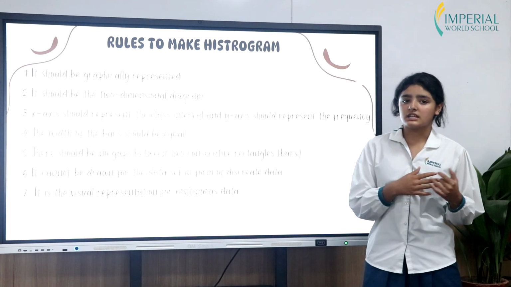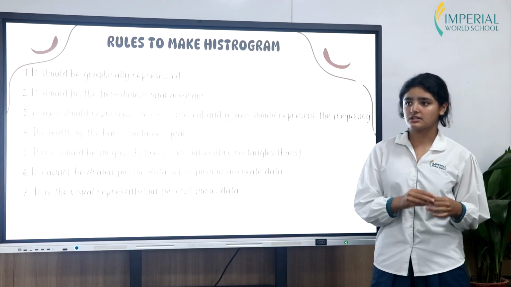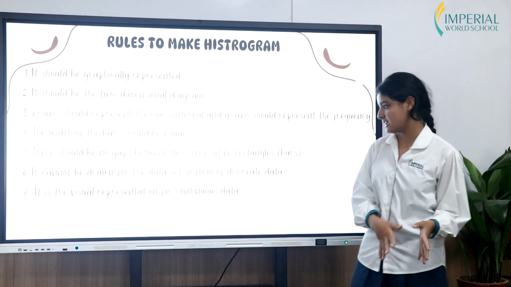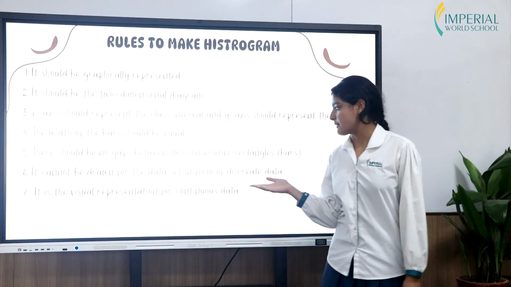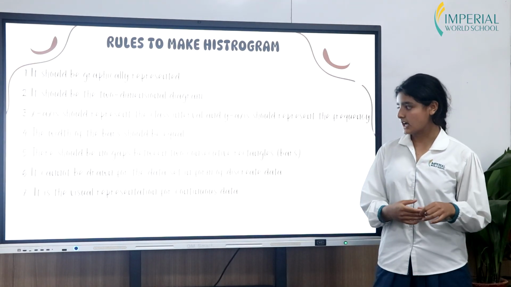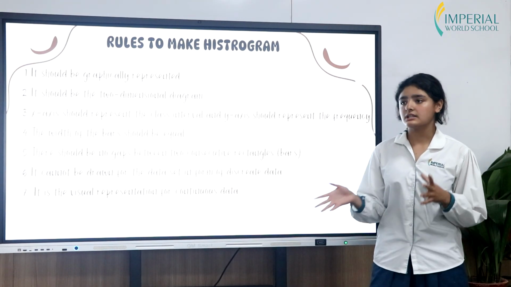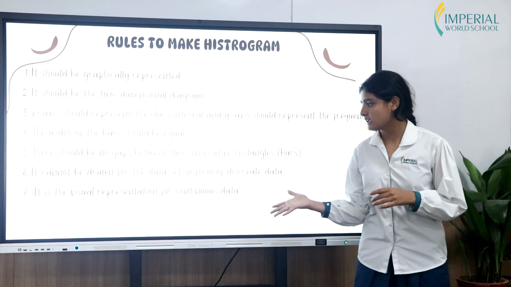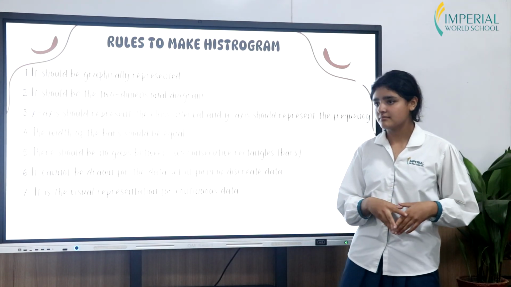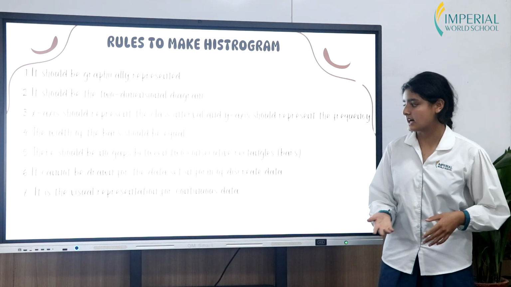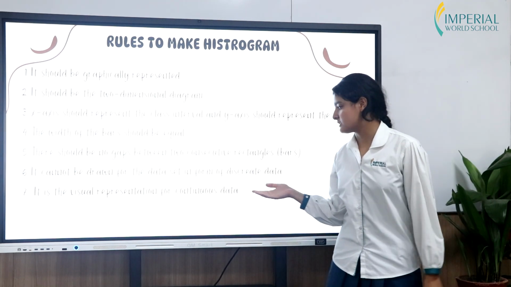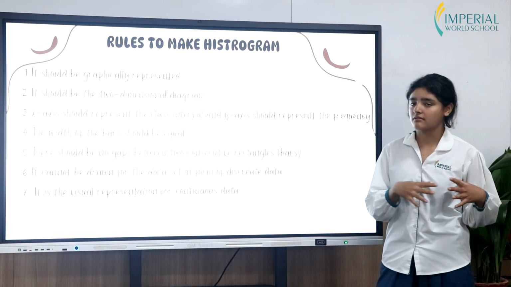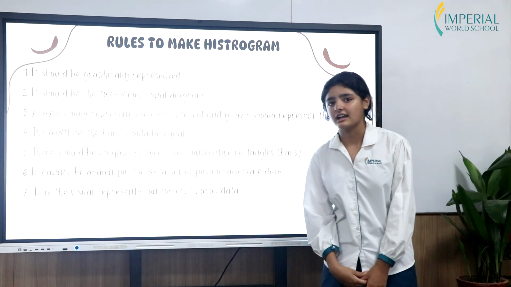The width of each bar should be equal. There should be no gaps between two consecutive rectangles. It cannot be drawn for discrete data. It can only be made from continuous data. It is the visual representation for continuous data.